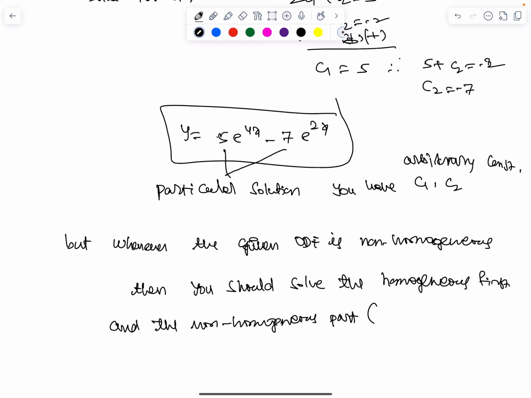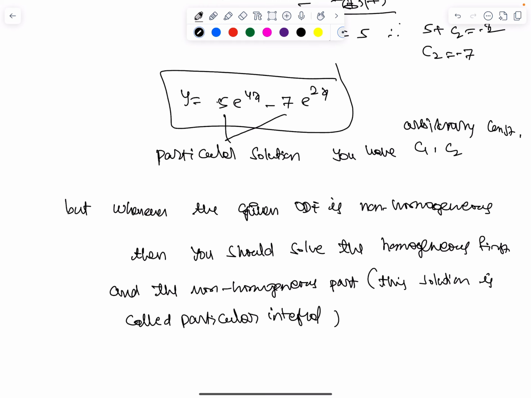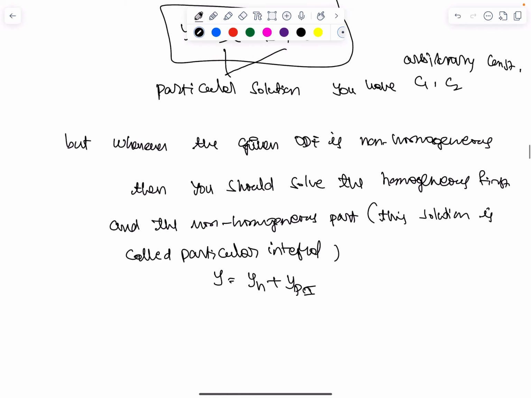This solution is called the particular integral solution, and we write y is equal to y homogeneous plus yp, the particular integral, ypi.